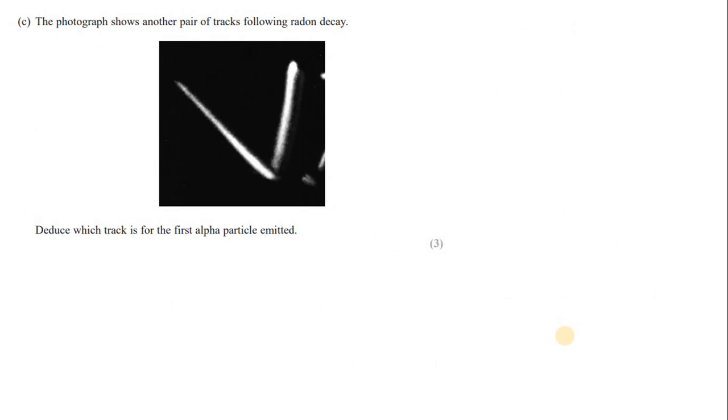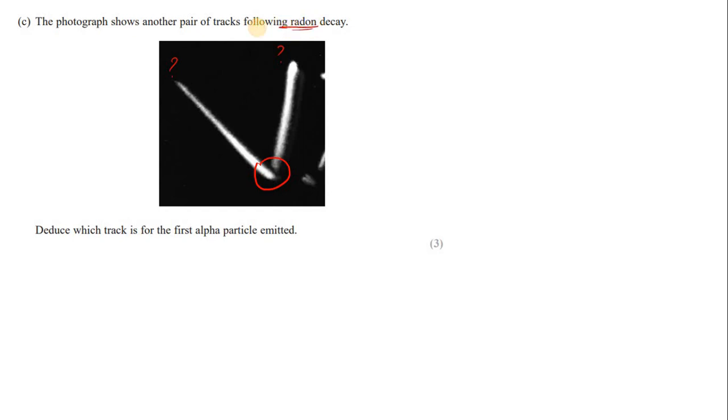The photograph shows another pair of tracks following radon decay. Deduce which track is for the first alpha particle emitted. Either this or this. Now if you closely look at the diagram, we have a gap between these two tracks initially. And we have already said that radon was a neutral particle.